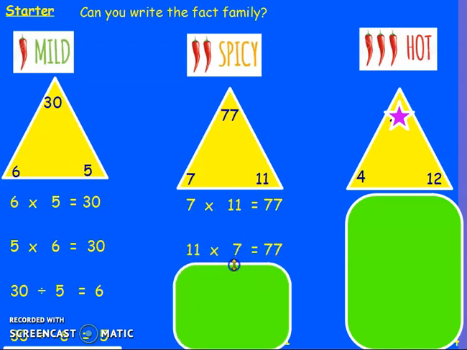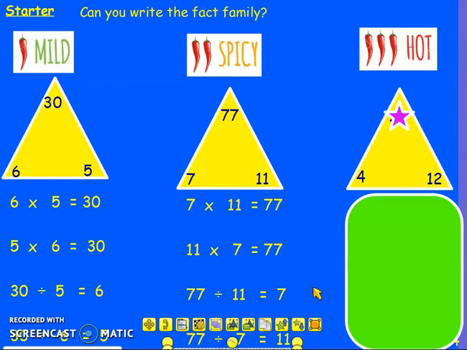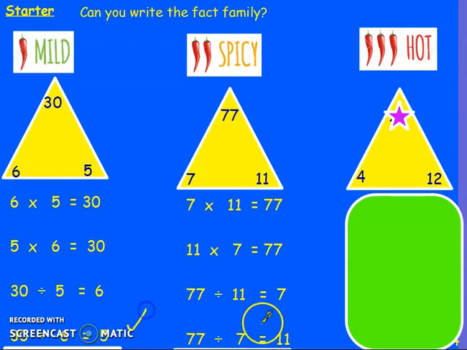Switch it round. 11 times 7 equals 77. 77 divided by 11 equals 7. 77 divided by 7 equals 11. Well done if you got those right. Give yourself a tick. I wonder if anybody's done all 3 challenges. Maybe you could send me a picture of your work via email so I can see how hard you're working.